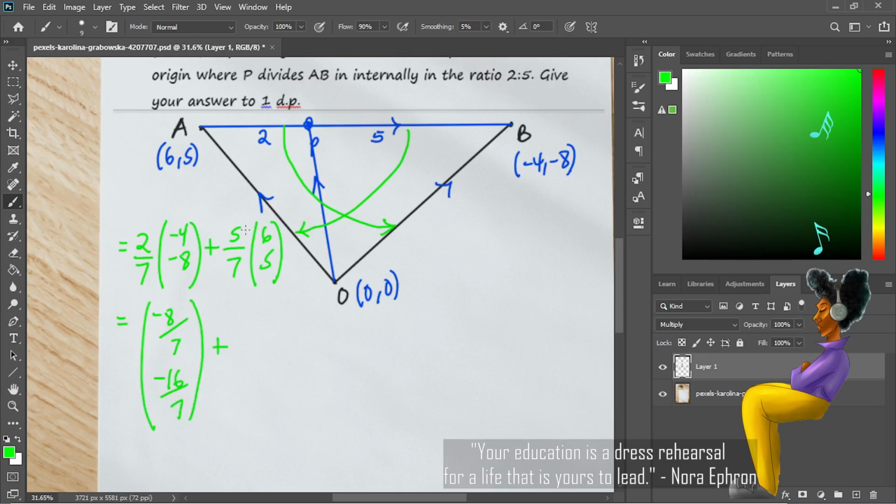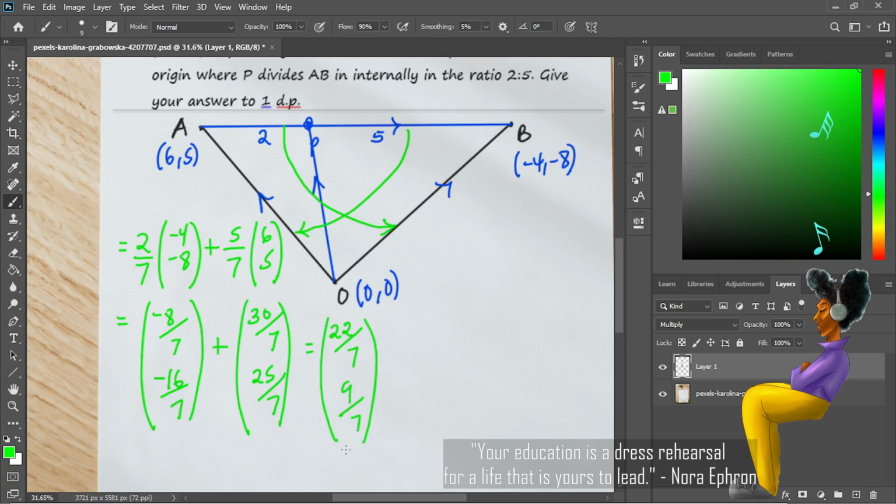Then I add 5 over 7 times 6, which is 30 over 7, and 5 over 7 times 5, which is 25 over 7. Then I add: -8 over 7 plus 30 over 7 gives 22 over 7, and -16 over 7 plus 25 over 7 gives 9 over 7.